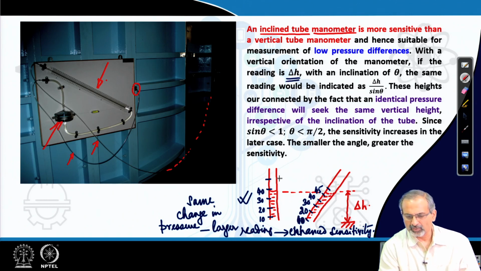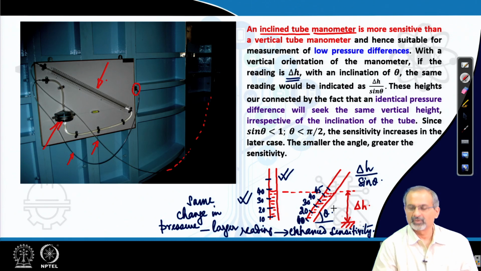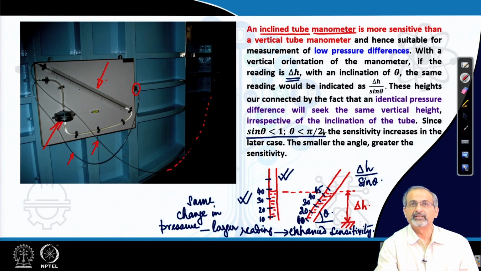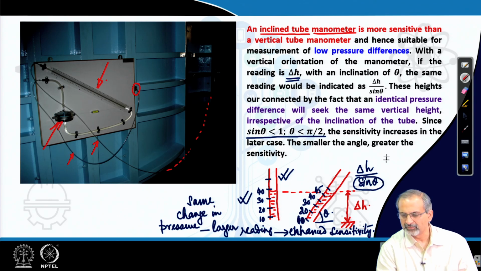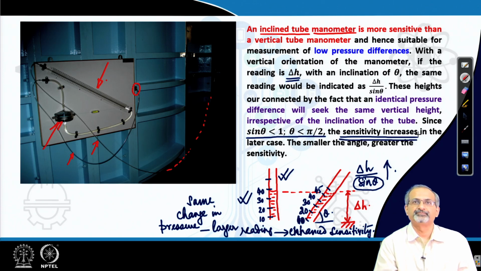Delta H, what you have in this orientation, is indicated on the scale as delta H by sin theta. Theta is this angle. Now, what is the advantage of that? Since sin theta for theta less than pi by 2 will be less than 1, this is a fraction which will essentially amplify your reading, and that is why it raises your sensitivity.